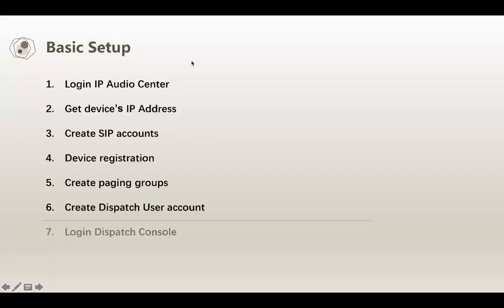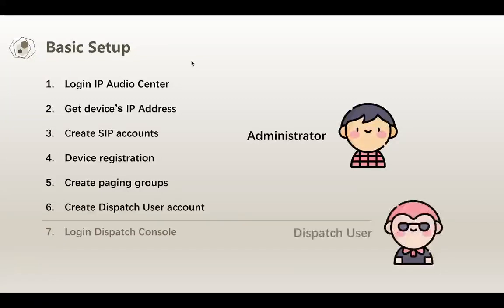So that is basically the basic setup, from installation to device registration and also some basic configuration. We did the first step: we logged into the IP audio center and got the device IP address. We created the SIP accounts.